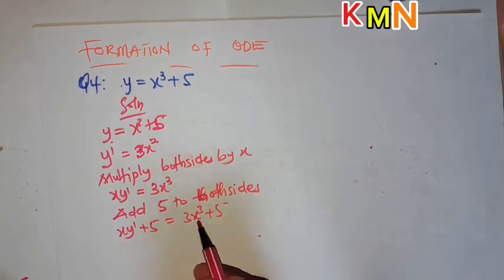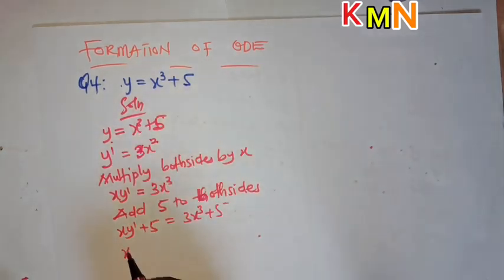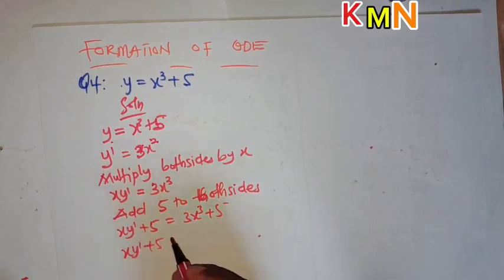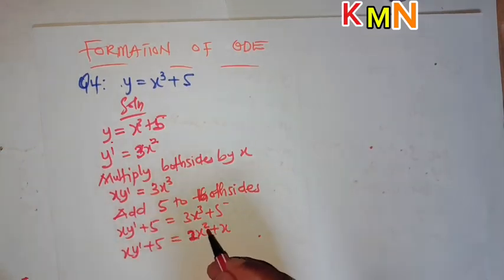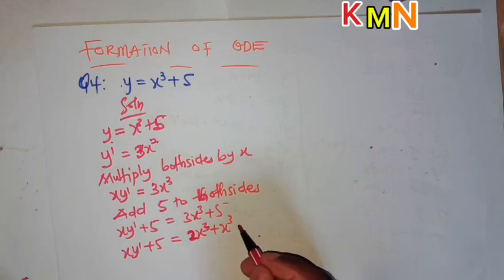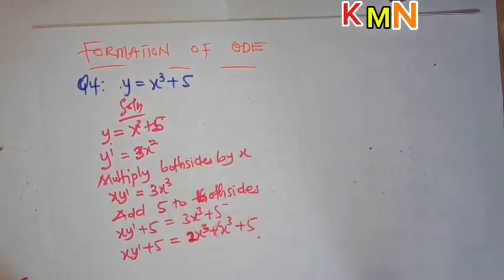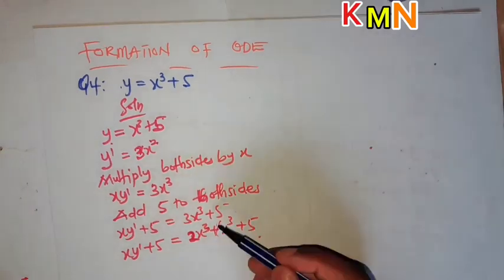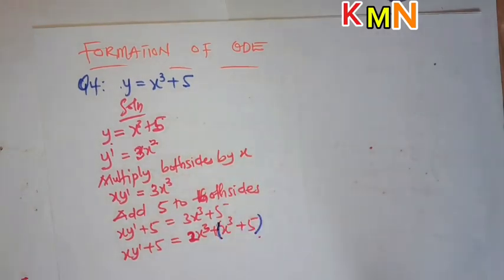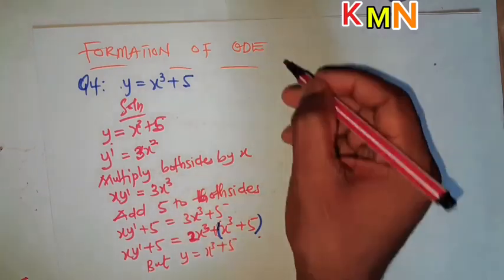So let me split this so that I can get the x cubed. So xy prime plus 5 is equal to 2x cubed plus x cubed plus 5. Now it means that this is y, because y is equal to x cubed plus 5.